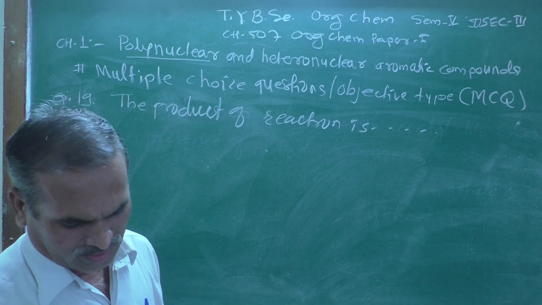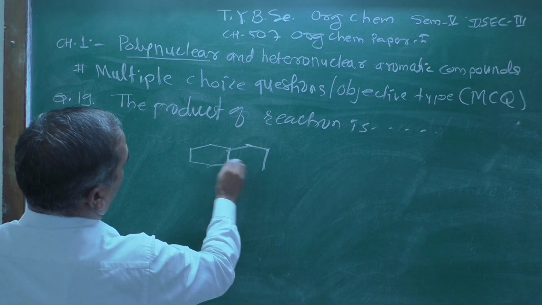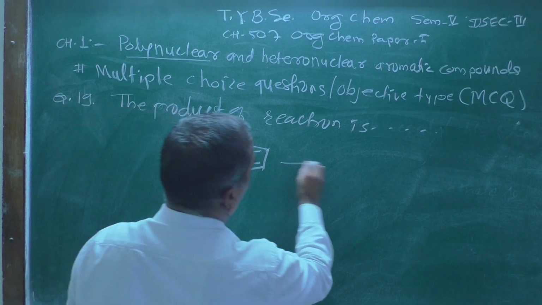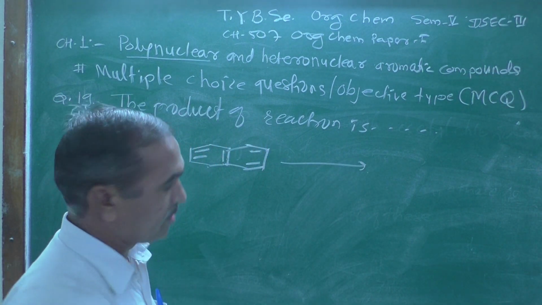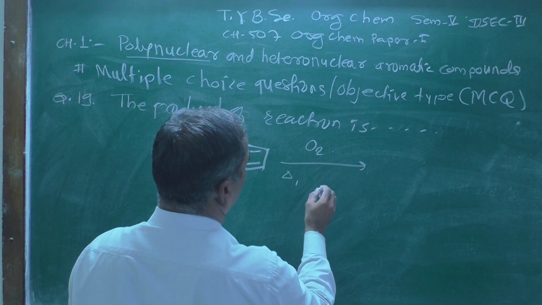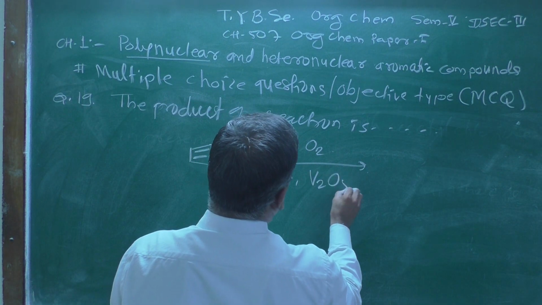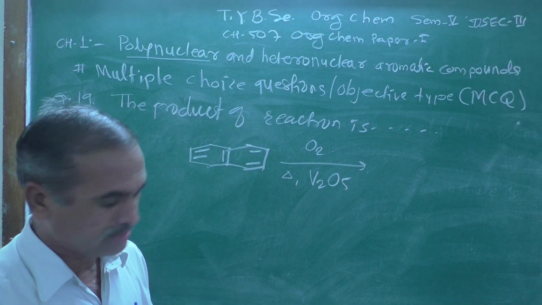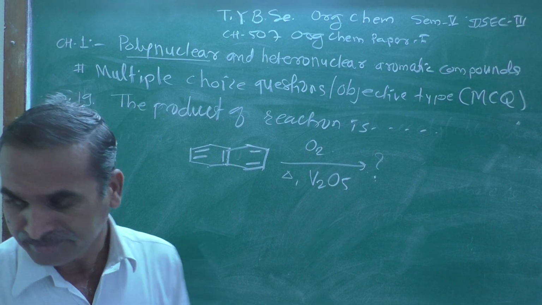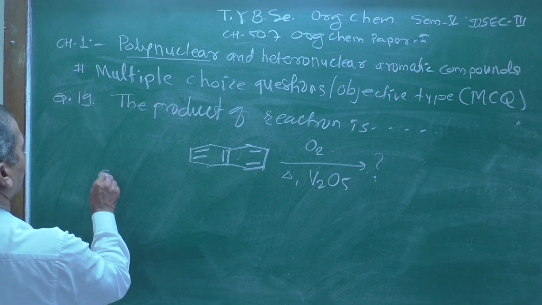The reaction is given here, and this is the structure drawn over here. Now the catalyst: O2, heat, in presence of V2O5, vanadium pentoxide, and the question mark, and the options are given.